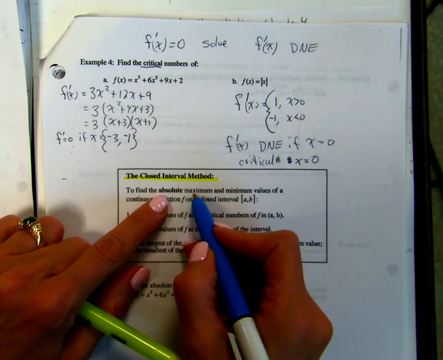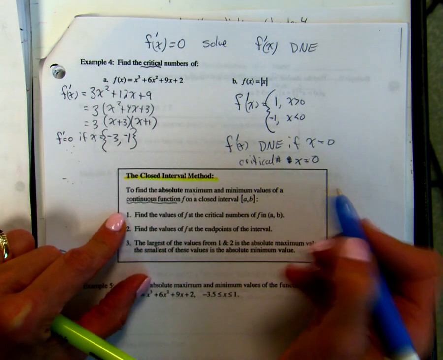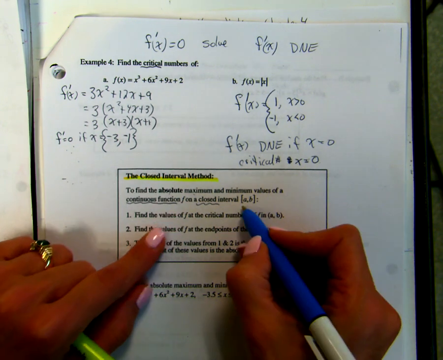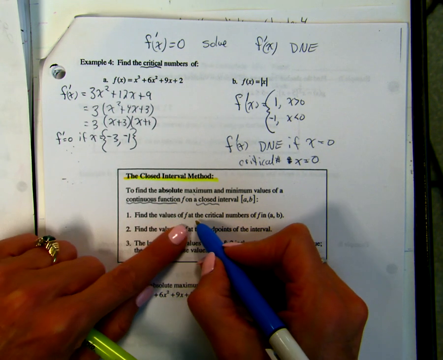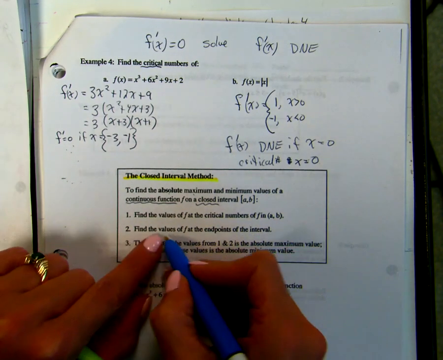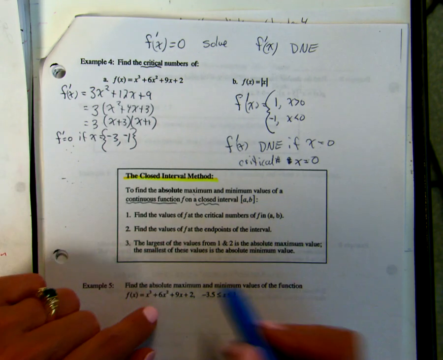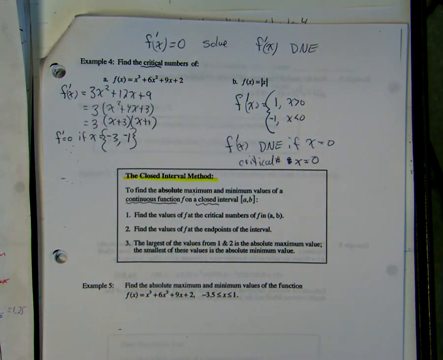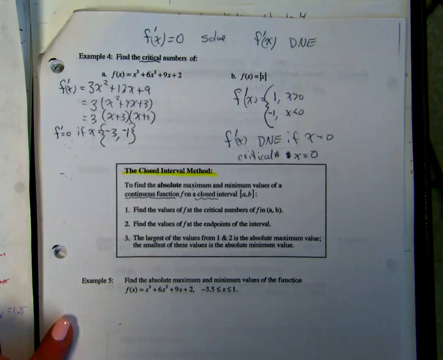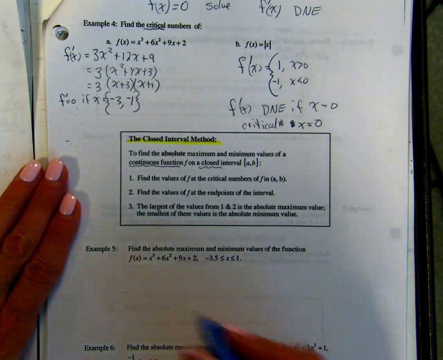So to find the absolute maximum and minimum values of a continuous function on a closed interval, we find the values of the function at the critical numbers in the open interval, we find the value of the function at the endpoints, that is at a and b, and then we just decide which one's bigger, and we call that the biggest, and which one's smaller, and we call that the smallest.